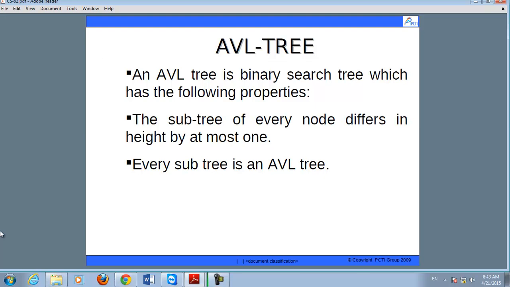That is, the root value will be greater than the value of the left node and smaller than the value of the right node.